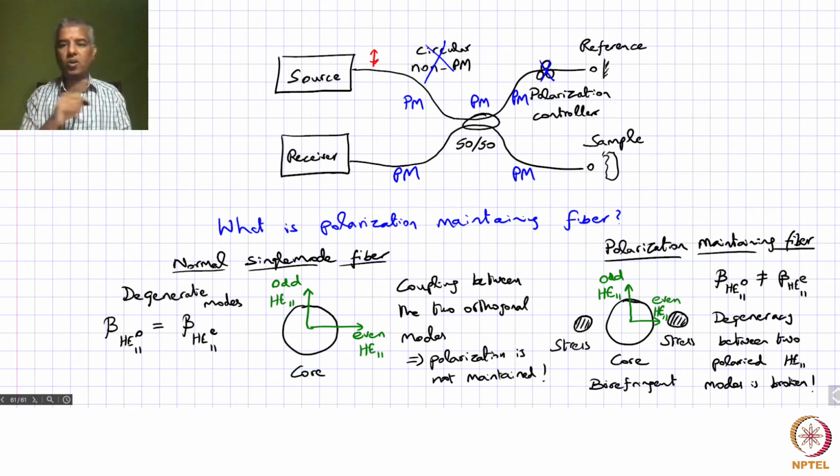Since there is no crosstalk or coupling between them, they remain at their respective amplitudes. So as they propagate down the fiber, they remain at the same polarization. That is what is called a polarization maintaining fiber.